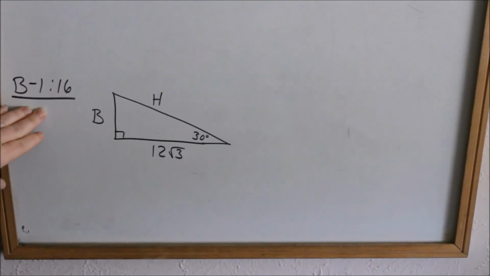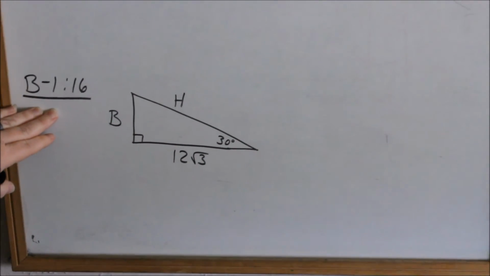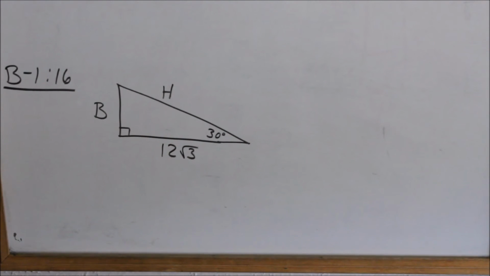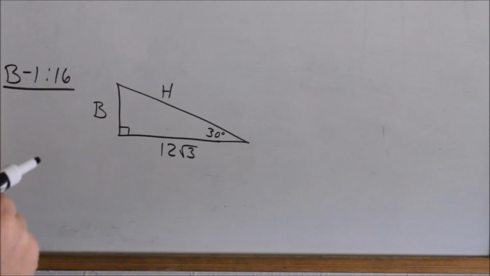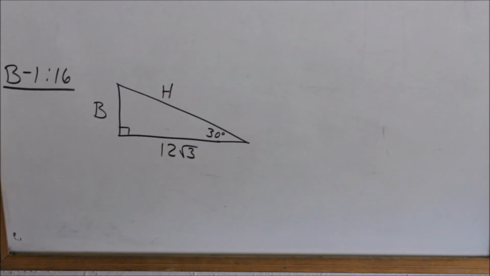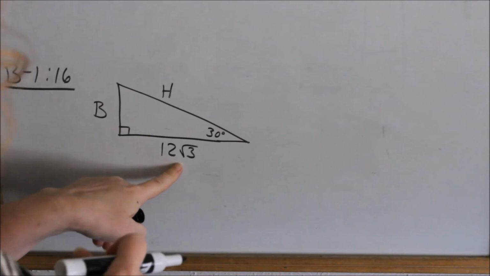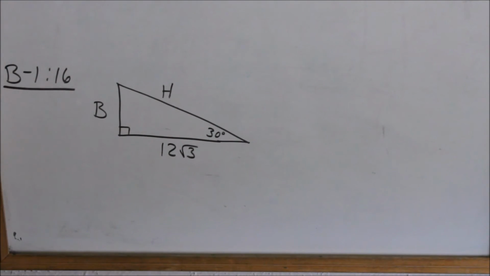Now let's go back to page B1, problem number 16. Okay, you have this triangle. They give you the smaller angle of 30, but you know it's a 30, 60, 90 triangle. They give you the long leg. Okay, if you're given the long leg, it's going to be easier to find the short leg first.